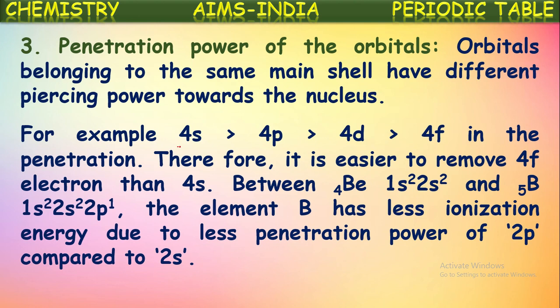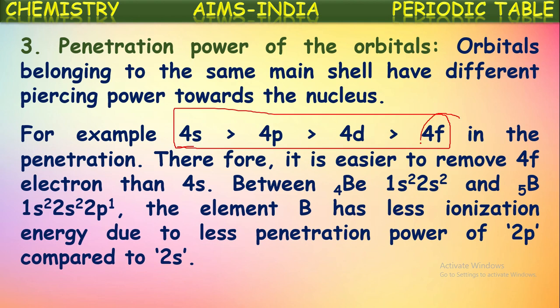For example, in the fourth shell, these four orbitals are available, isn't it? 4s, 4p, 4d, and 4f orbitals. Out of these, 4s orbitals have greater penetrating power than all the remaining. This is a decreasing order. So f orbitals have the lowest penetrating power among all. Therefore, it is easier to remove electrons from the 4f orbital than from the 4s subshell.